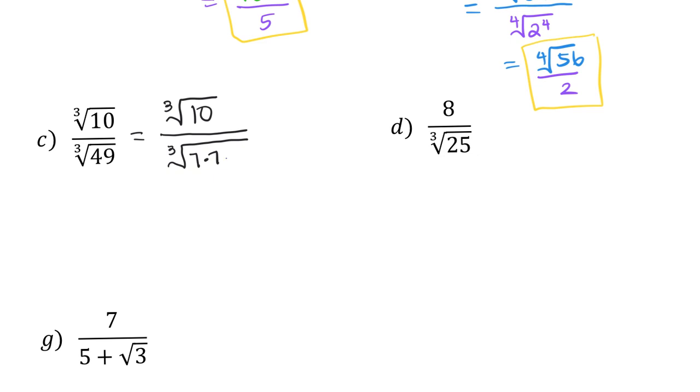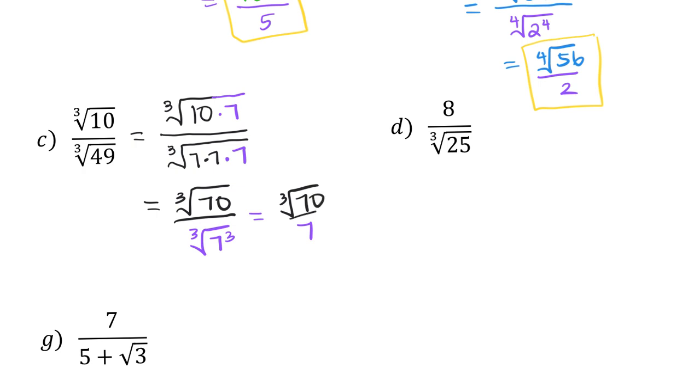I need 1 more. If I do it to the bottom, I do it to the top. On the top, 10 times 7, I have 70. On the bottom, I have the third root of 7 to the third. The third root of 7 to the third is 7. And then this is supposed to be a better answer because there's no radical at the bottom.